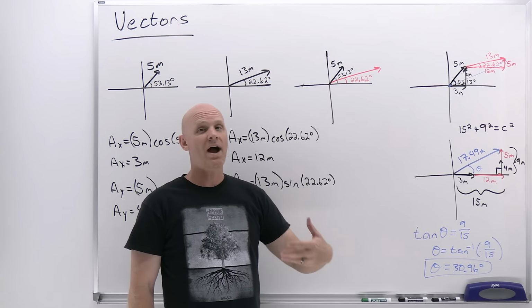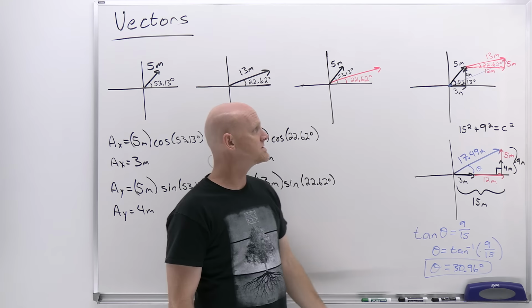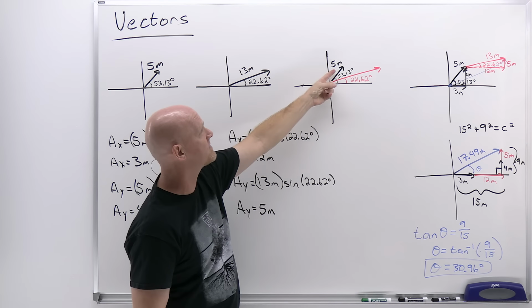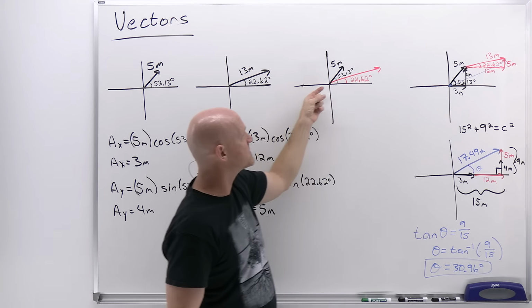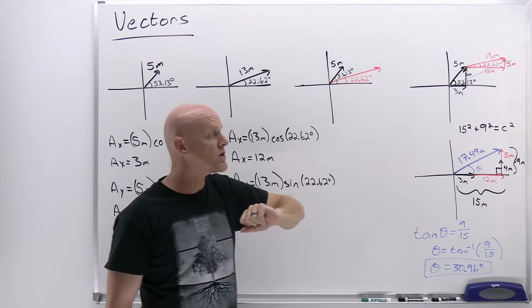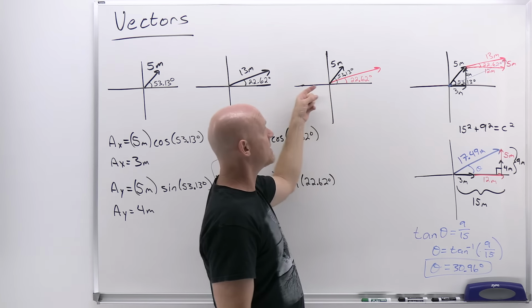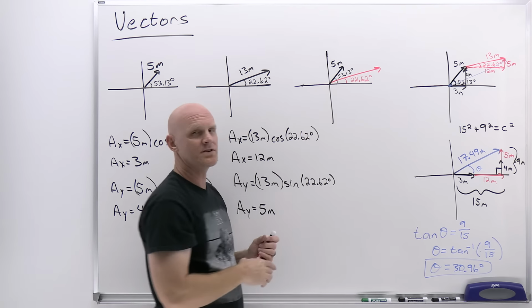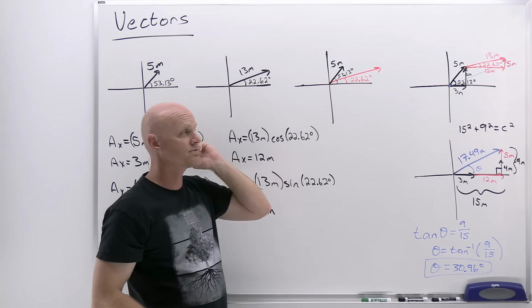If you wanted to subtract vectors, the only difference is this: if these are the two vectors here, and I wanted to subtract this one minus this one, then when I draw out the resultant, instead of drawing this one in this direction, I draw it exactly 180 degrees in the opposite direction when I start doing the tip to tail stuff.